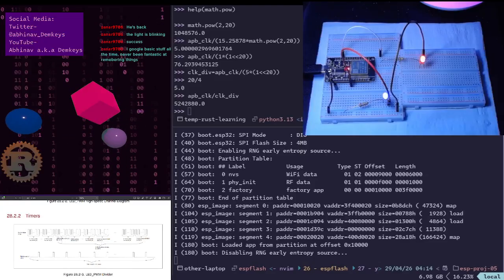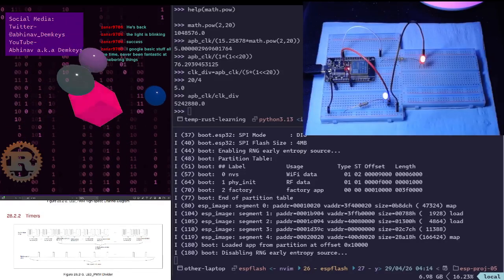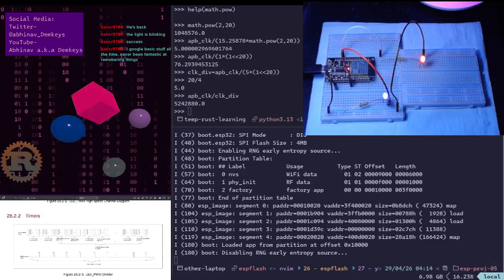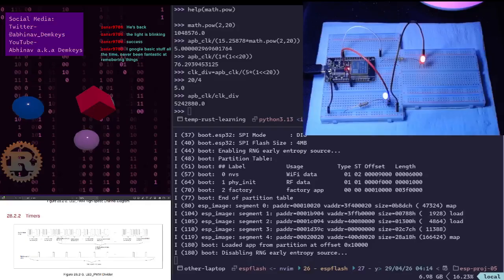I do have the money for ESP32s and display modules and stuff like that. So for the amount of money that I would be spending on one Raspberry Pi, I could get a couple of microcontrollers, a couple of display modules, a couple of peripherals, and various other types of modules. So I would prefer to do that.